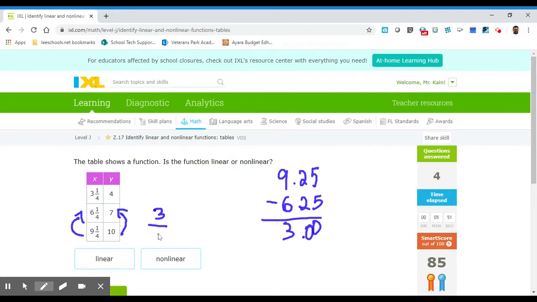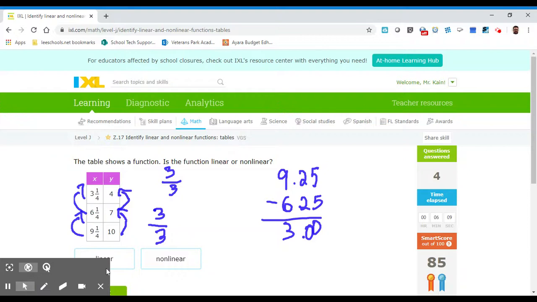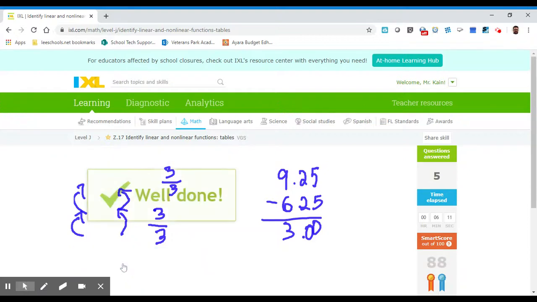So 3 over 3, which is just 1, right? So far, the slope is 1. Let's see if that holds up. So 7 minus 4 is 3, and 6 and a fourth minus 3 and a fourth is also 3. So these are the same, which means they are linear.